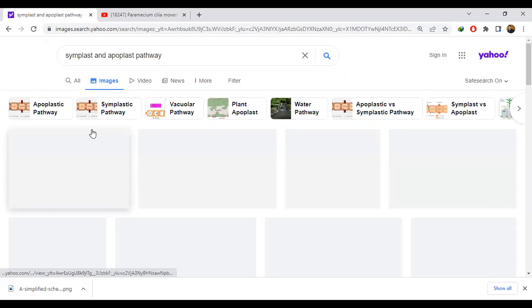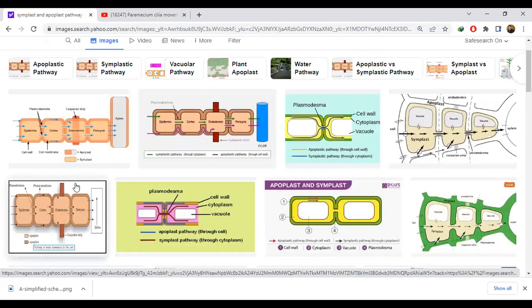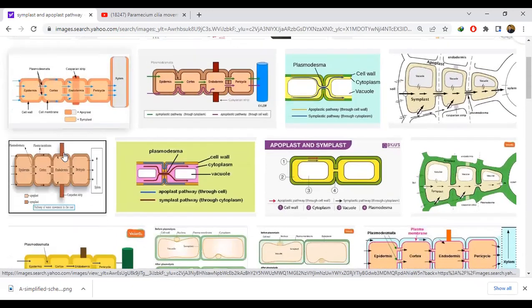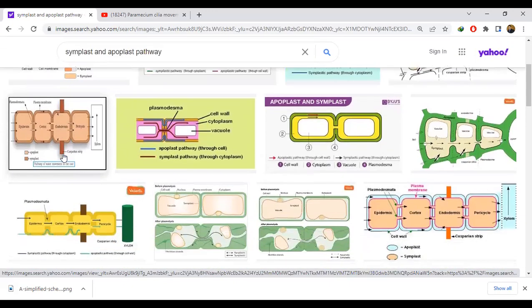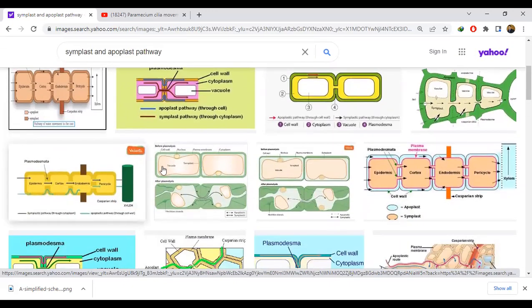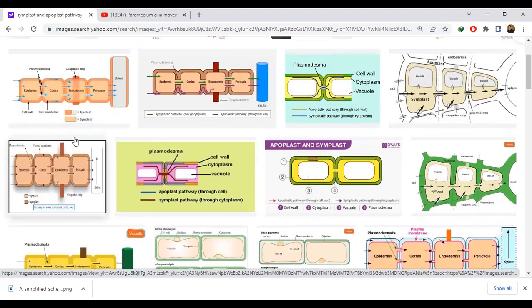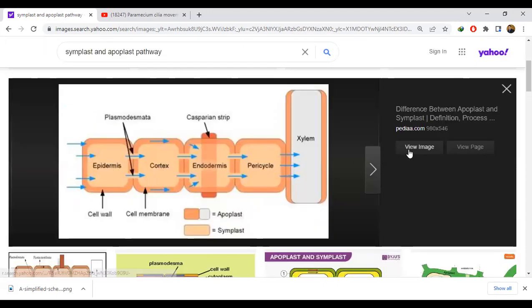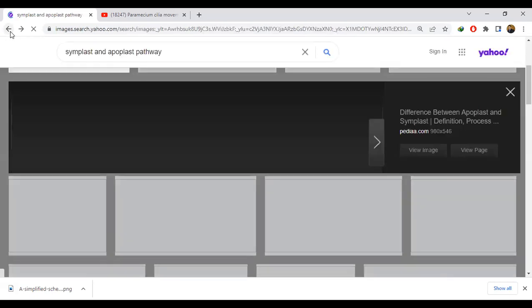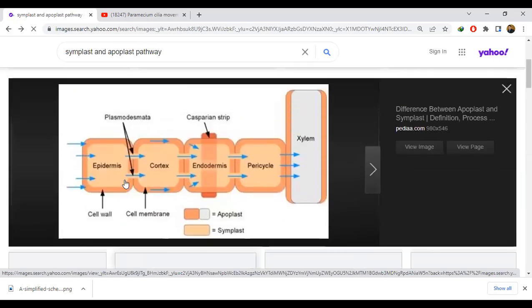Three routes are there. Unit number 4 you will study. In that, there is one route called apoplast route. Another route is called symplast route. What is the name of the routes?